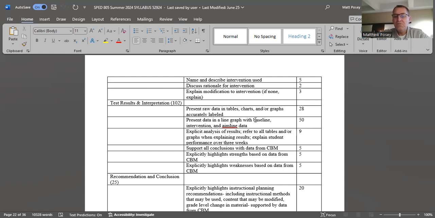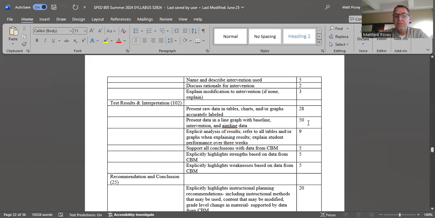But remember, for this report, we're going to add a new graph to display our data for the CBM. With this graph, we want to make sure that we are including the baseline, the 3 lines that we talked about a couple weeks ago. So we have the baseline, the intervention line, where that intervention may have taken place, and we want to make sure that we're including the aim line. So make sure that you include this graph.